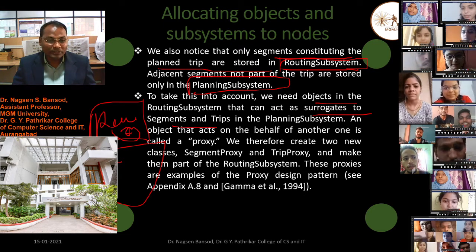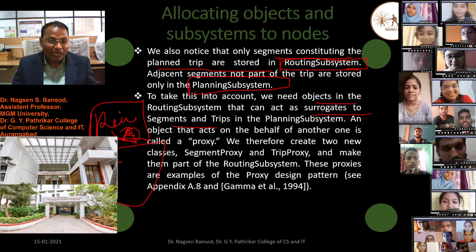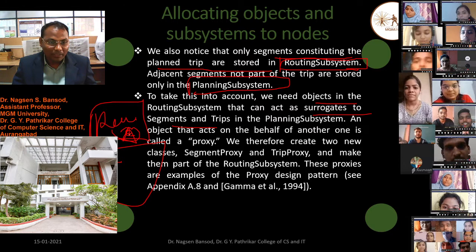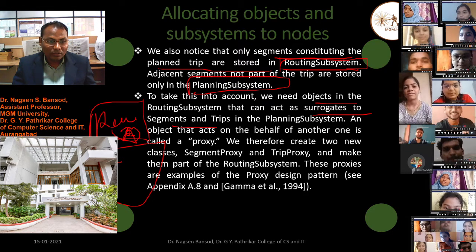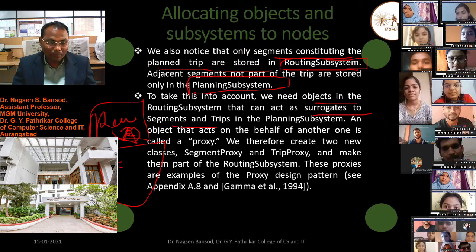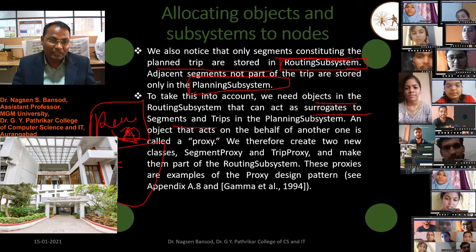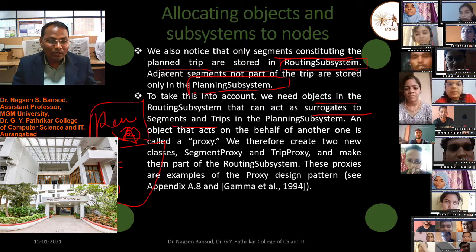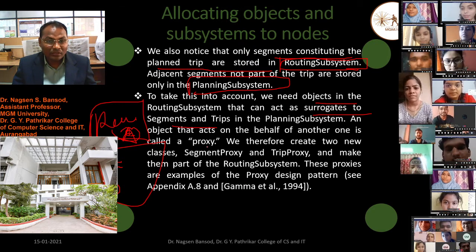Now you see this A is part of this routine, but actually it is part of planning, not routing. It is taken by the routing, and here is the proxy. Here is not exactly the object, but it will act as a proxy.